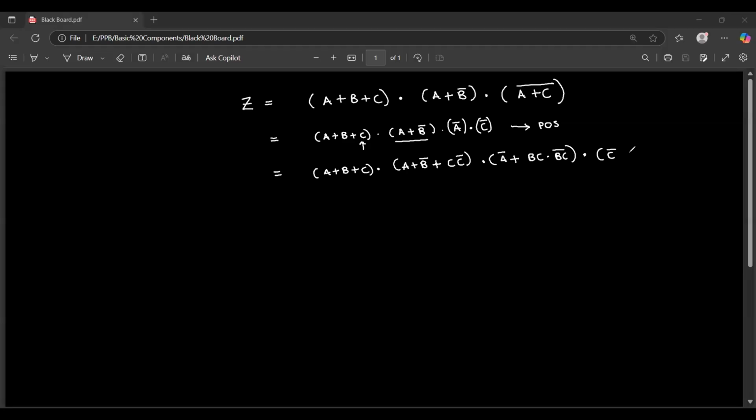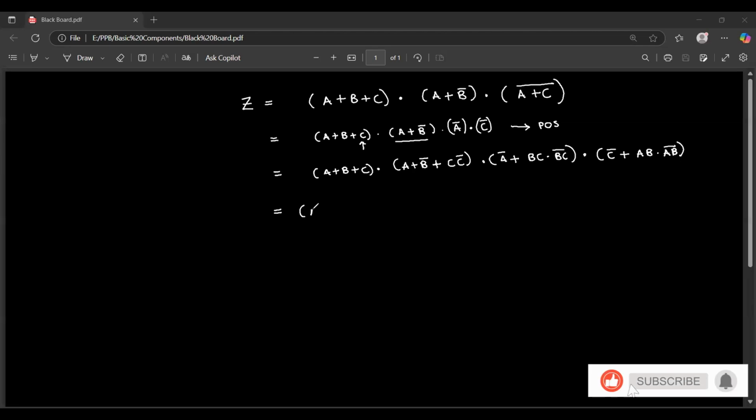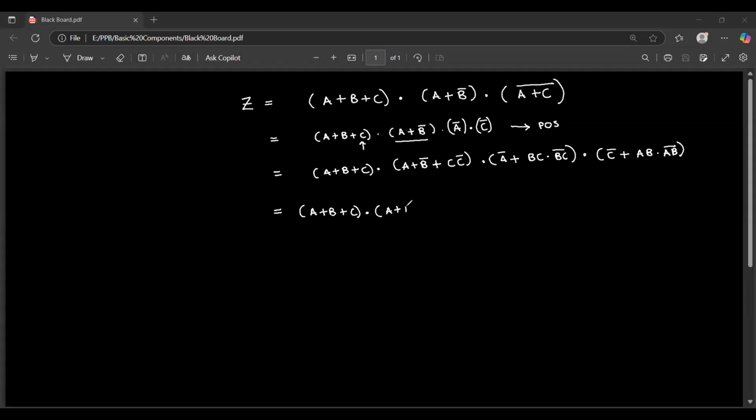Similarly, here we have C bar, so we will be adding AB dot AB whole thing bar. And now we can go to the next step. Here we have A plus B plus C, and I can break this down into (A plus B bar plus C) into (A plus B bar plus C bar).